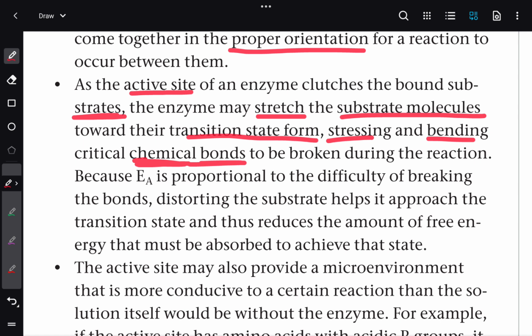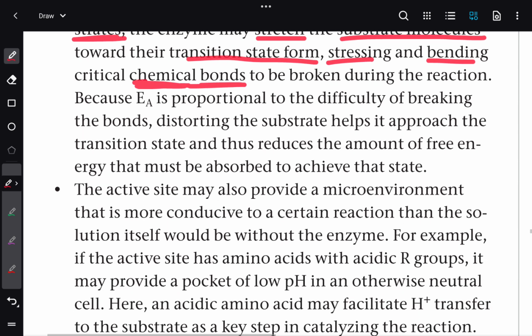Since these molecules have an affinity to each other, they would have already reacted and created the product, but bending them, stressing them, making them less stable, more prone to change, will provide that function.